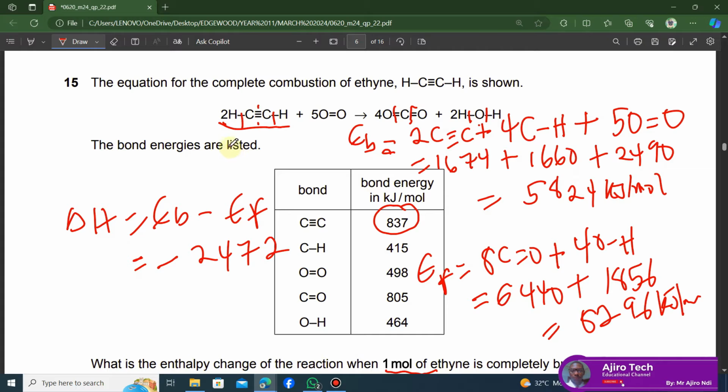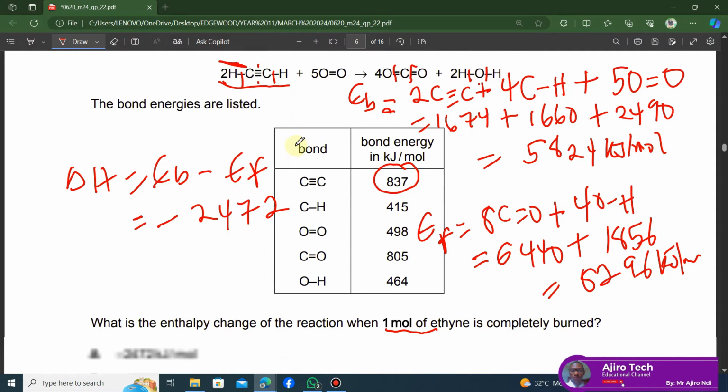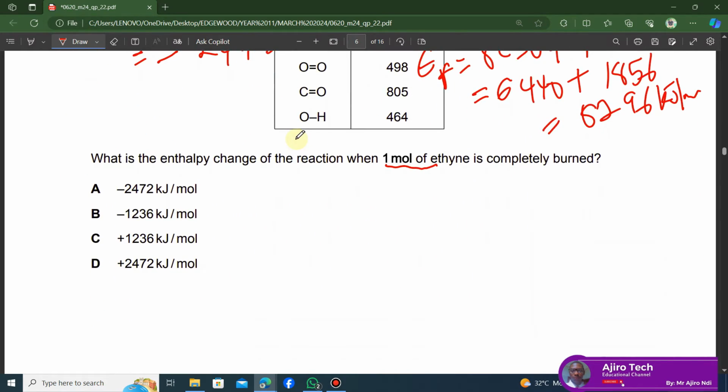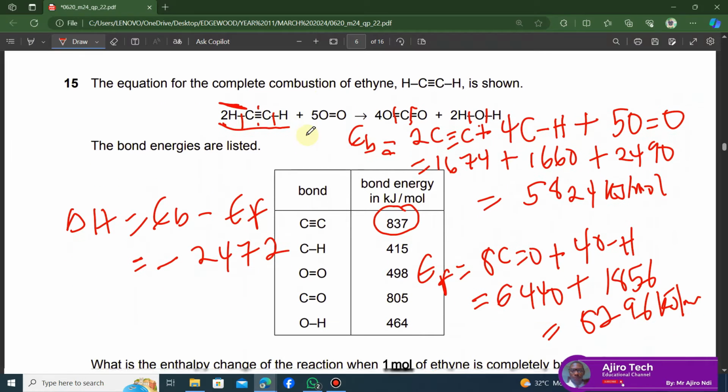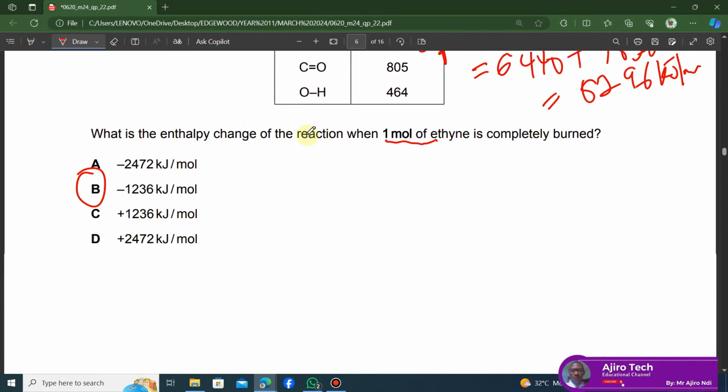But remember, this calculation was for 2 moles, but the question wants it in 1 mole. So to get that of 1 mole, divide our answer by 2. You have minus 1236, basically. So option B is the correct answer. That is how to calculate change in enthalpy using the bond energies.